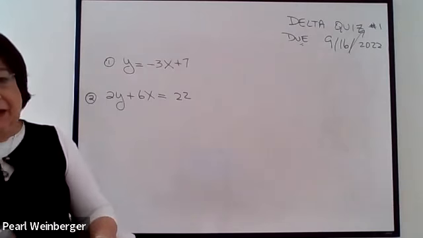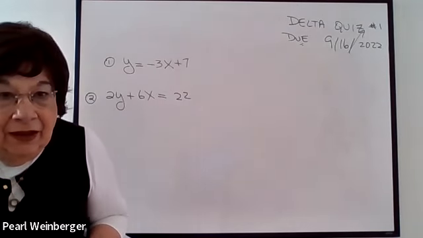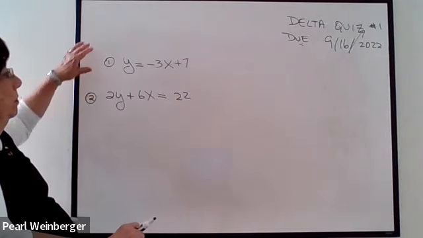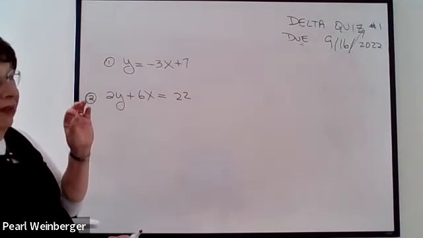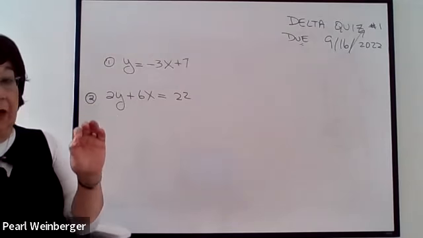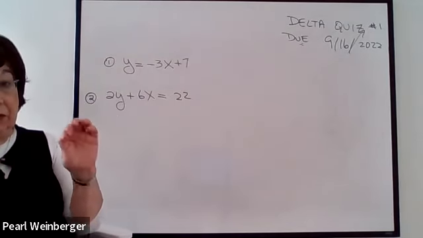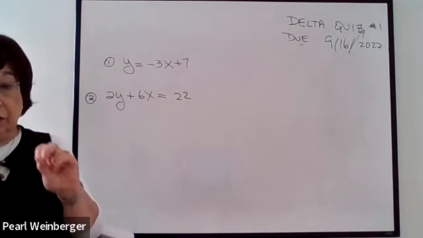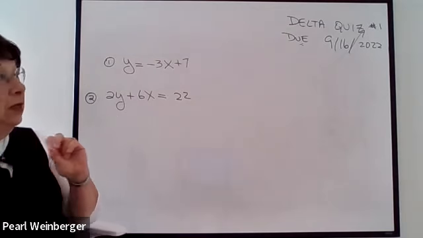So let's see what we're going to decide. Again, if we want to figure out if the two lines are parallel or perpendicular, we've got to look at their slopes.